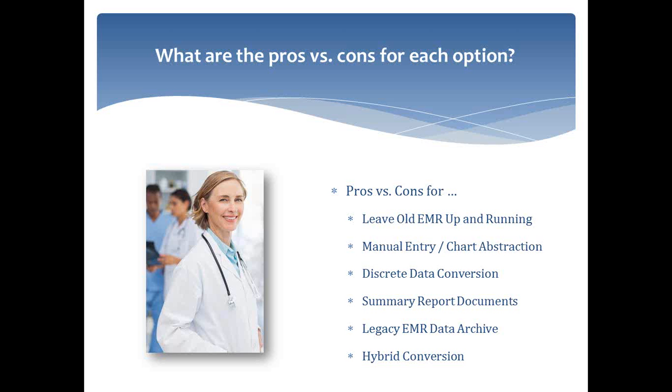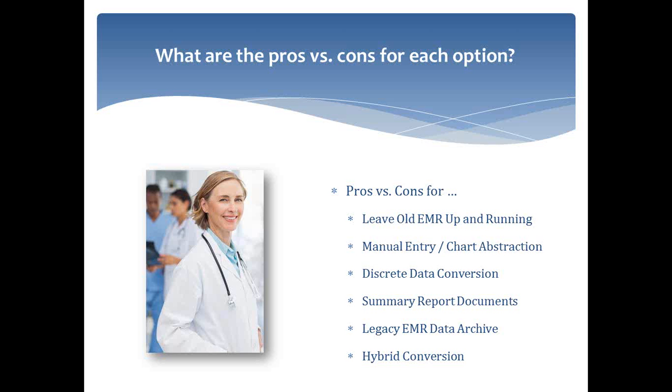So it's a pretty cost-effective solution, but there's a big downside to it, and that is, one, you may be dealing with very large documents where it's really hard to find the information that the physician may be looking for there. And then you don't receive the benefit of that full EMR functionality that you got with the discrete data conversion. That data is just within documents, so you're not going to get allergy reminders and drug interaction checking.